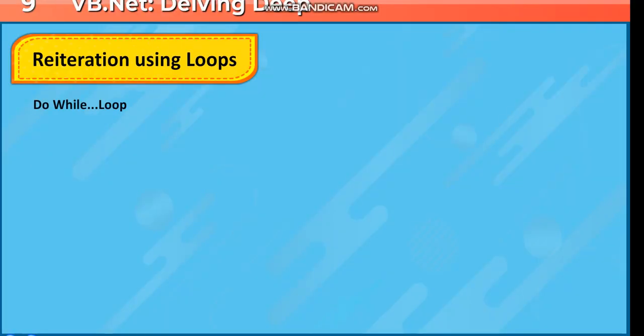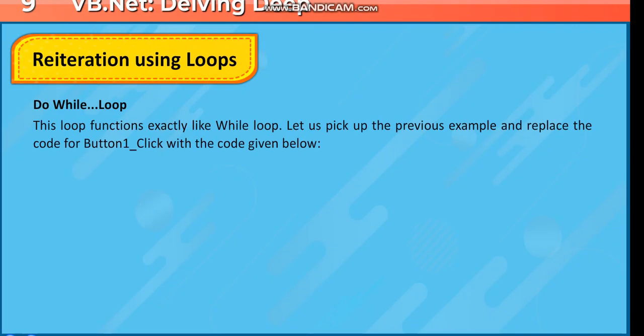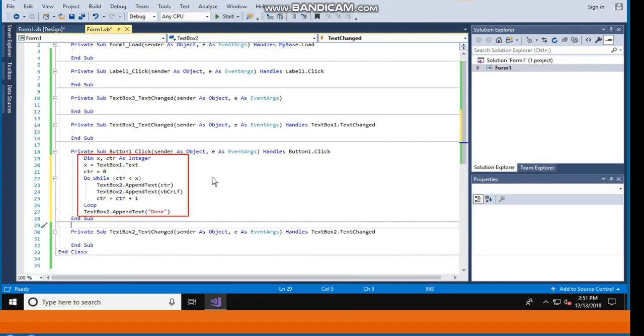Do while loop. This loop functions exactly like the while loop. Let's pick up the previous example and replace the code for Button1_Click with the code given below. Dim x, ctr as Integer, x = TextBox1.Text, ctr = 0.